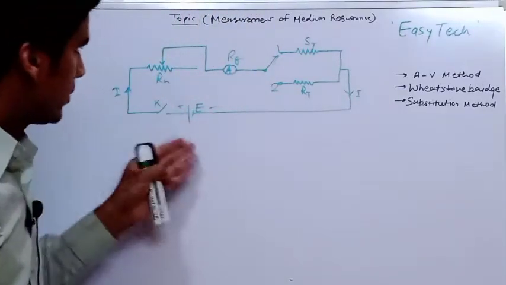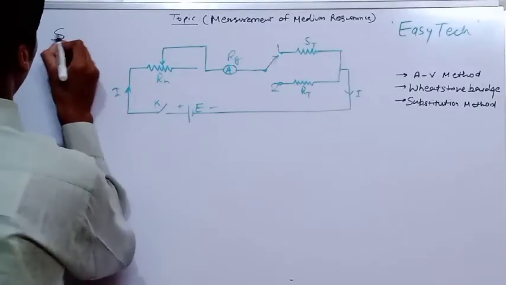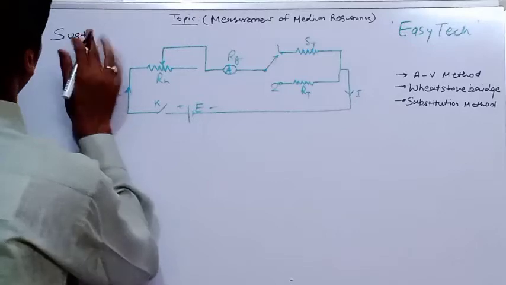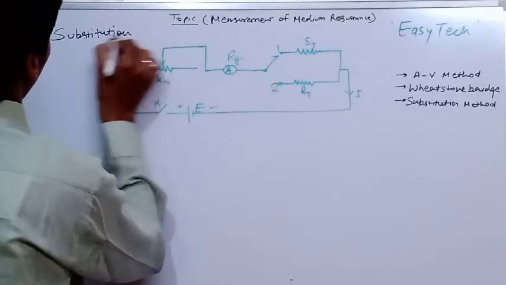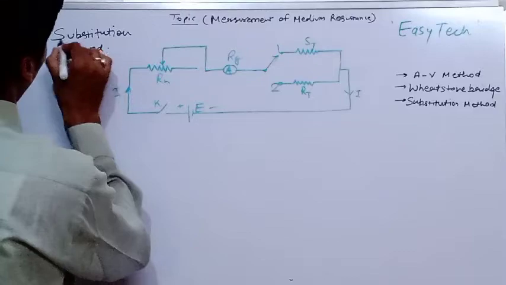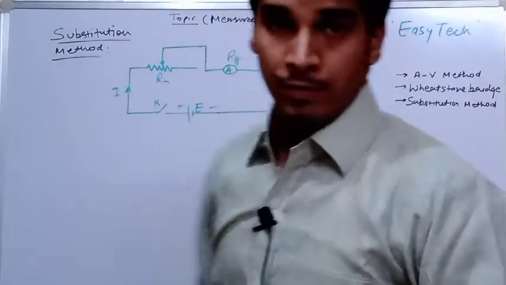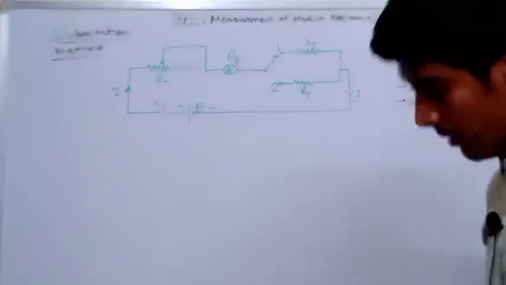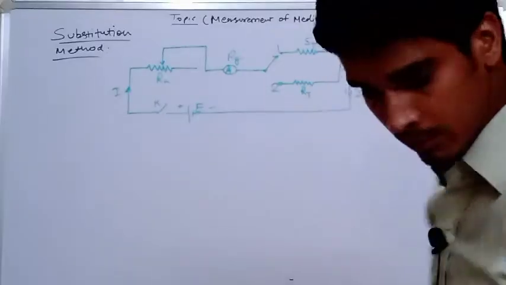Now this is the substitution method. First of all you have to understand what is the unknown value of the resistance. This is the unknown value of the resistance. You have to measure this value.